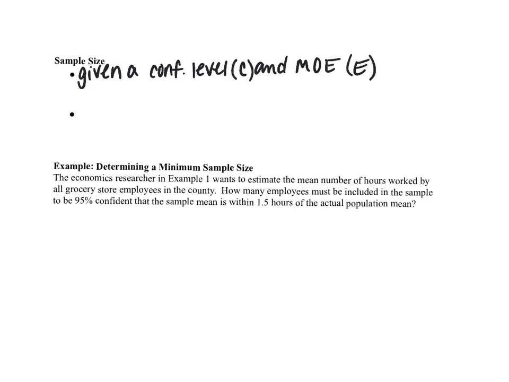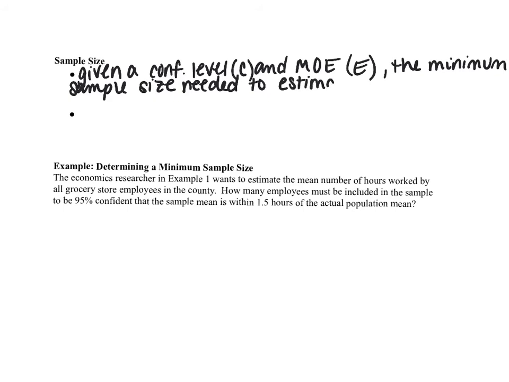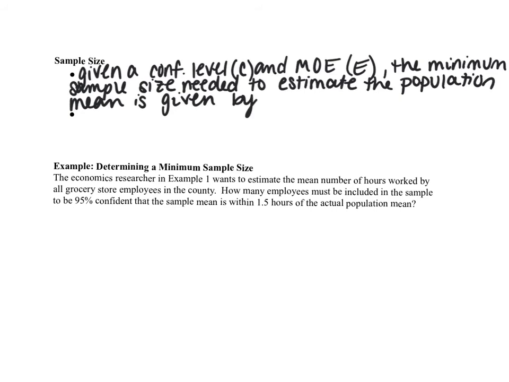So basically, given a confidence level C and margin of error E, the minimum sample size needed to estimate the population mean is given by, and I'm going to write this down over here, n equals critical value times standard deviation divided by margin of error, and then we're going to square the whole thing.